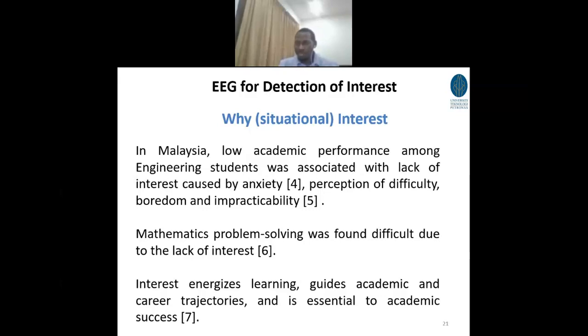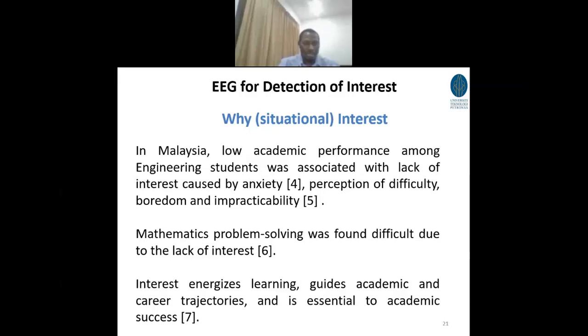These are a few recent works looking at low performance, and at the end, you will see that interest has a big role based on these research papers. Which means it could have a big impact on learning. So if you are able to do something in terms of interest, at least for situational interest, then we may be able to help some students improve their results.